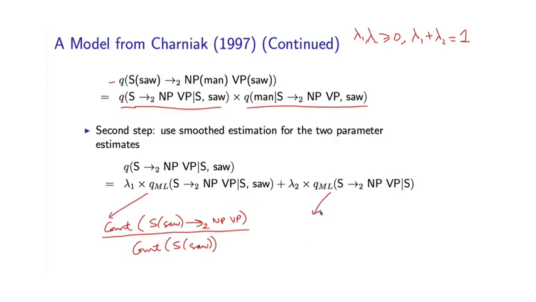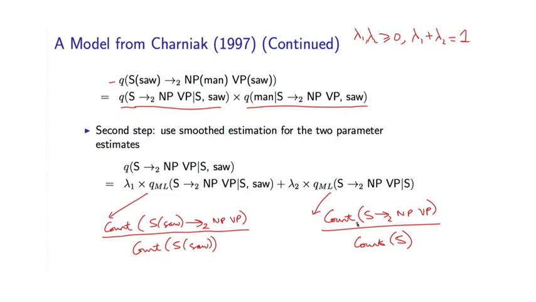The second one is basically a backed off estimate that completely ignores the lexical information. So now we're going to back away from conditioning on the word SOR, and so we're going to have count of S goes to NP VP divided by count of S. Notice this is almost identical to the estimates you'd see in a regular PCFG.